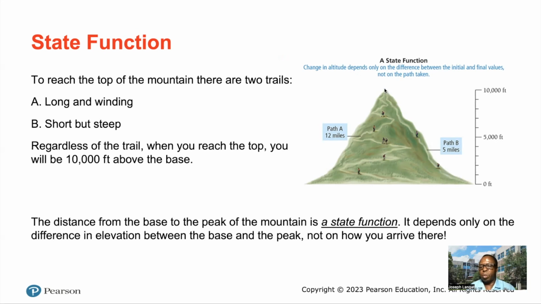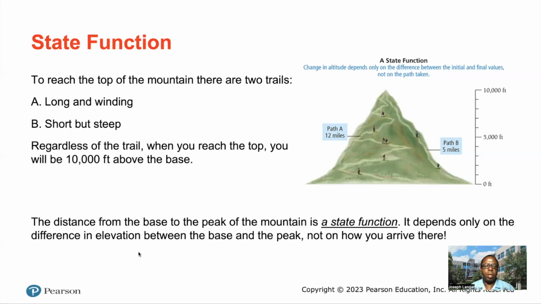At the end of it, it's 12 miles. This other path is just straight to the top of the hill. At the top, both of them will be at 10,000 feet above sea level. It doesn't really matter which path you take, so we say it's a state function. The distance from the base to the peak of the mountain is a state function.